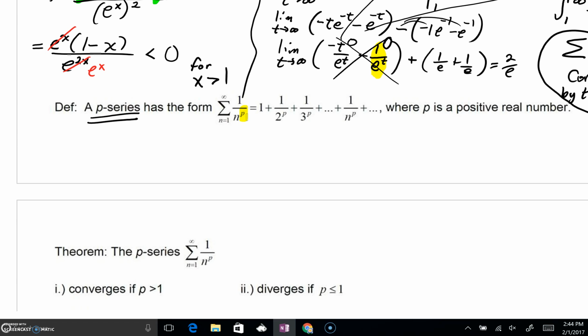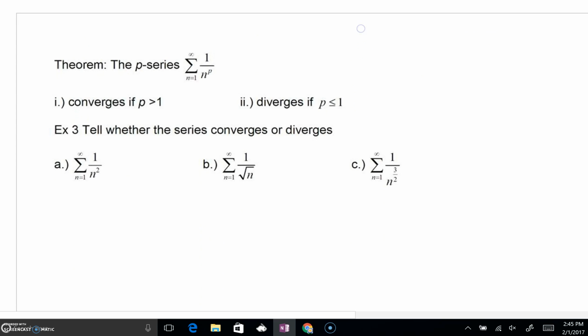Now, if you recognize that, and again, P is a positive real number here. Here's the amazing thing. This is just delightful. When you have a P series, 1 over n to the P in summation, if your power is bigger than 1, your series converges, game over, that's all.